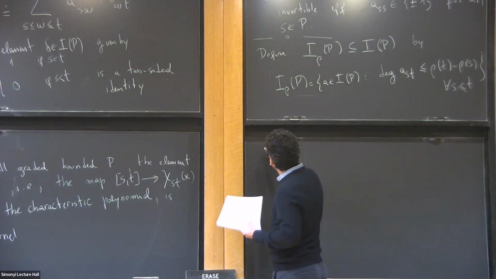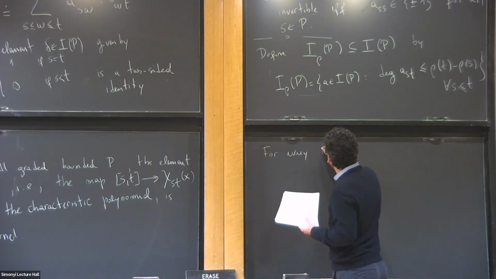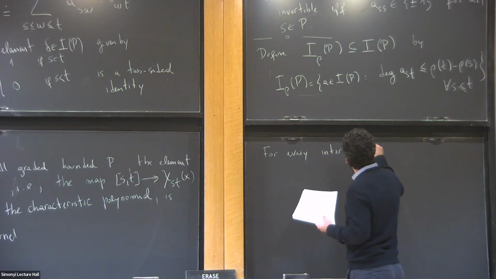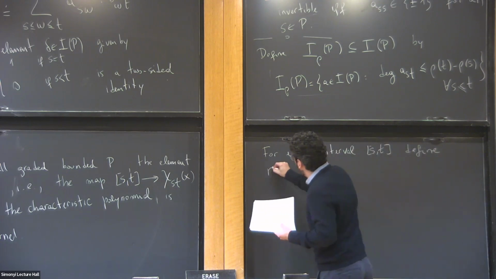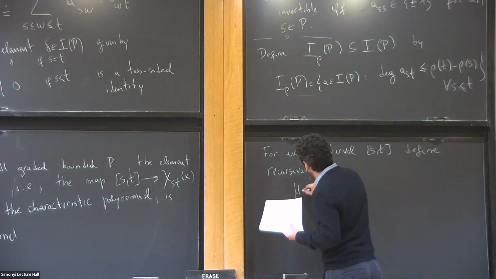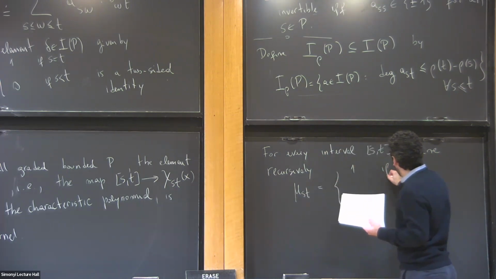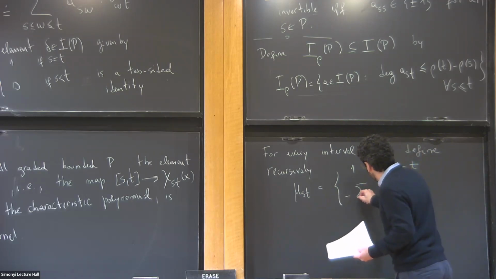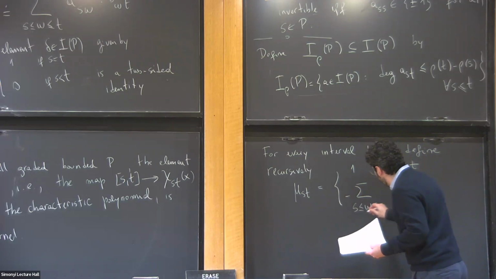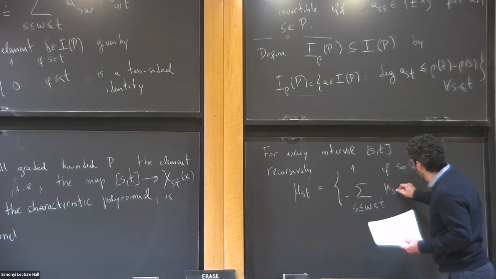So for every interval st, define recursively mu st, this is a Mobius function, as 1 if s equals t, and minus the sum over all elements w that lie above s but strictly below t of mu sw.